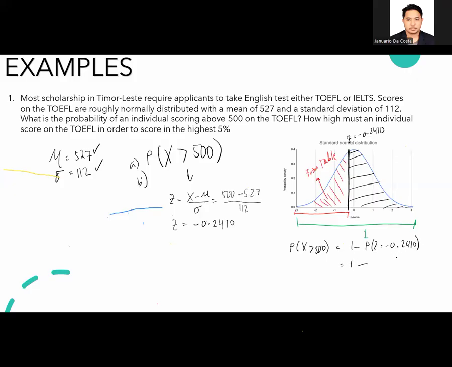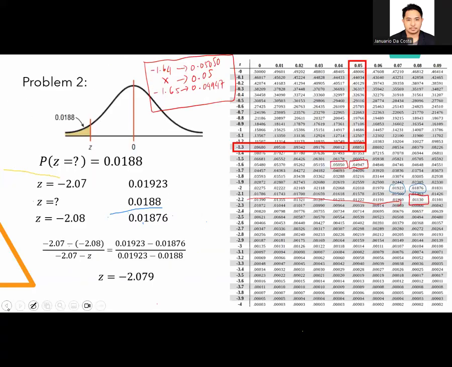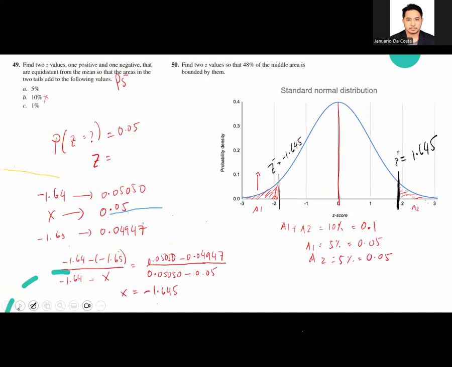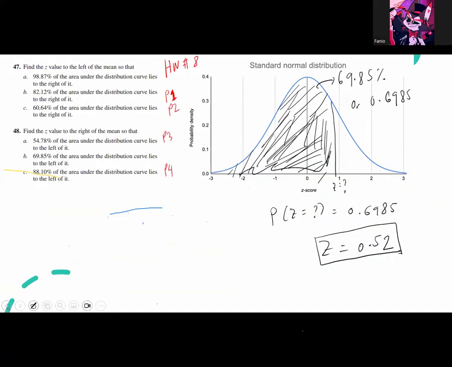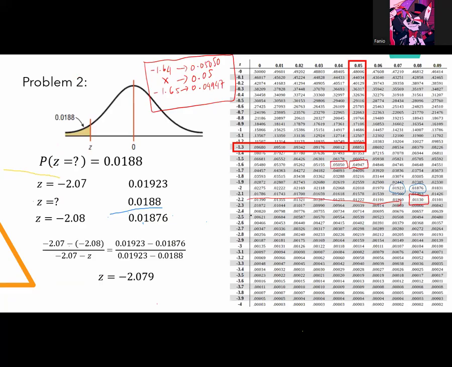So go to the table, z equals negative 2.41. That will be what?